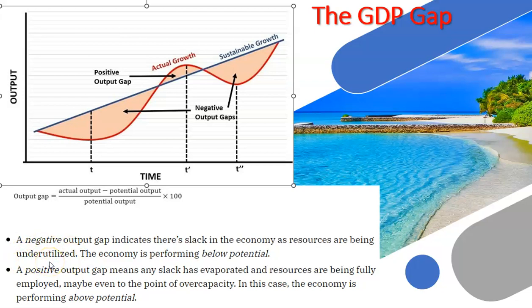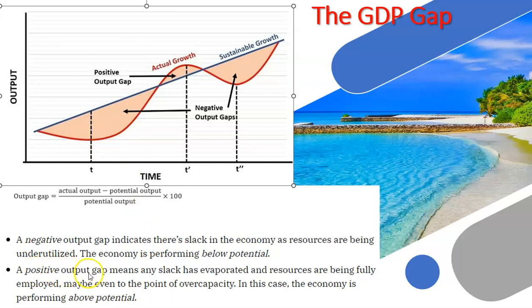If you go back to chapter 2, when we talked about the production possibilities curve, we said most economies don't fall on their PPC. Most economies fall inside the frontier, because inside the frontier there's underutilization, there are idle resources. The economy is performing below potential, right? Like here. This is the potential, this is an underperformance, this is your negative gap or behind.